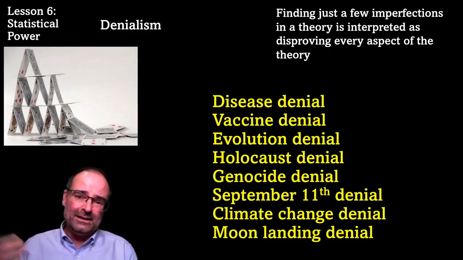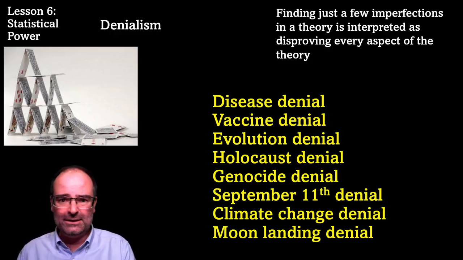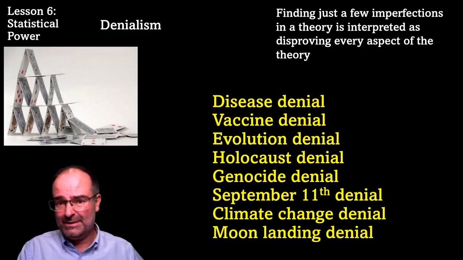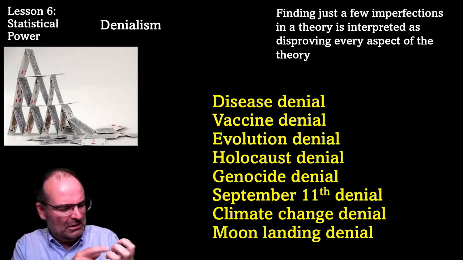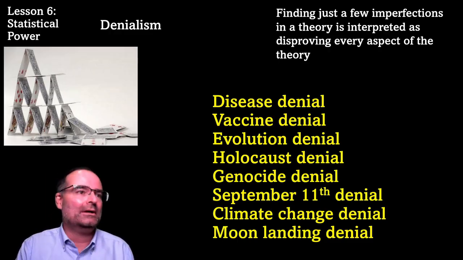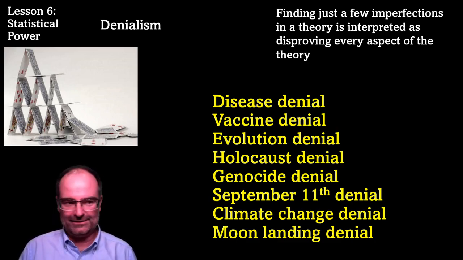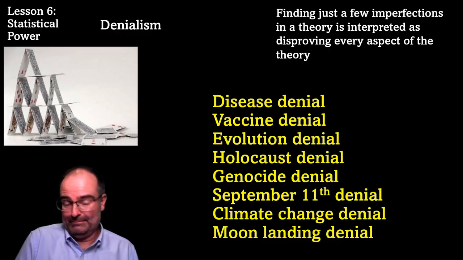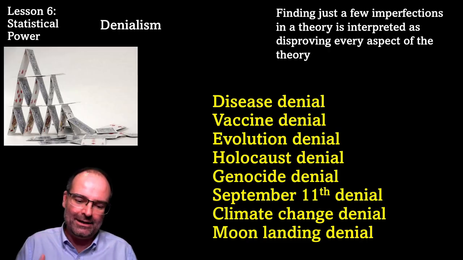Holocaust denial. Some lunatic goes to Auschwitz, steals a rock from what is a sacred place, and that's illegal, takes it back to their grimy lab in their neo-Nazi fortress and says, oh, I can't find any Zyklon B in this pebble. The whole thing's made up. Oh my God, there is overwhelming evidence supporting most of our big theories, that we landed on the moon, for example, that climate change is happening.